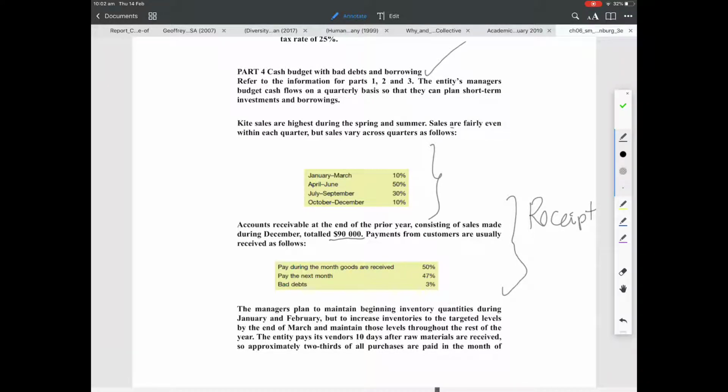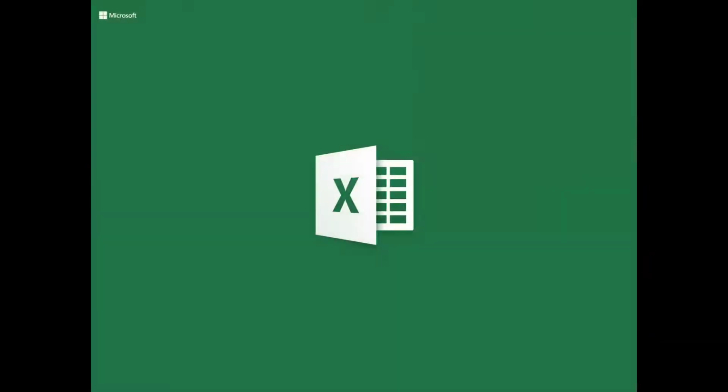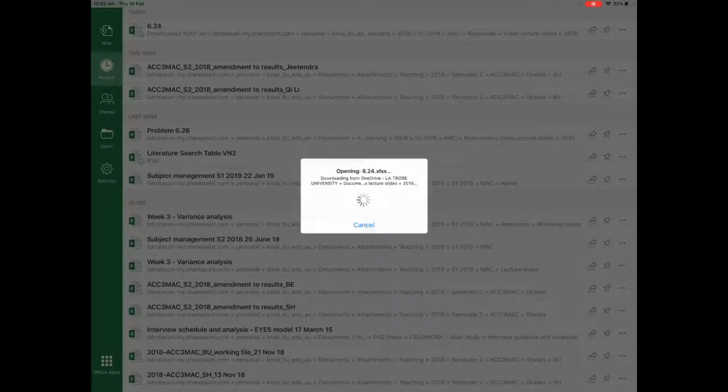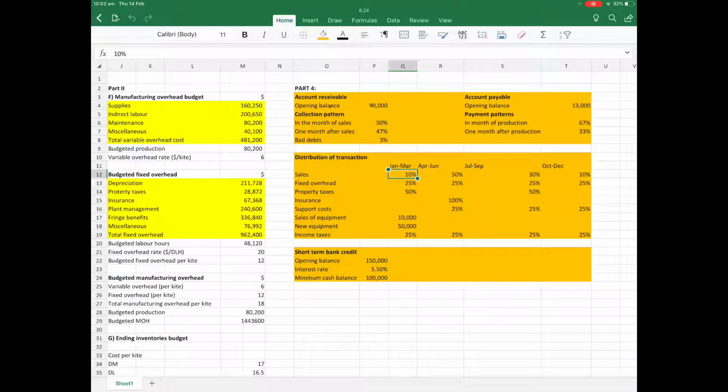So how is this bit of information presented in our spreadsheet? You can see here the account receivable balance is 90,000, and the collection pattern is in here. In the month of sales 50%, 1 month after sales 47%, and bad debt 3%.